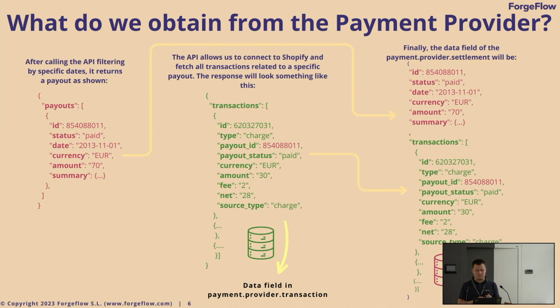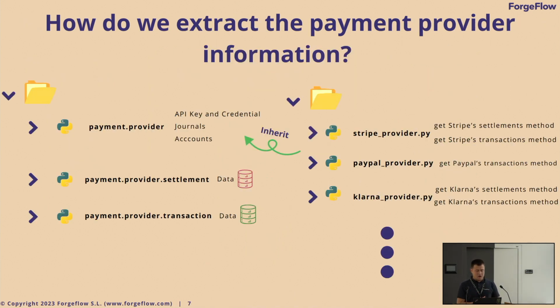You need to read the API documentation, but at the end you need to put all the transaction information inside the payout information in order to do the reconciliation. We extract that and create two records in two different models: payment provider transactions for each transaction, and the payment provider settlement for each settlement.